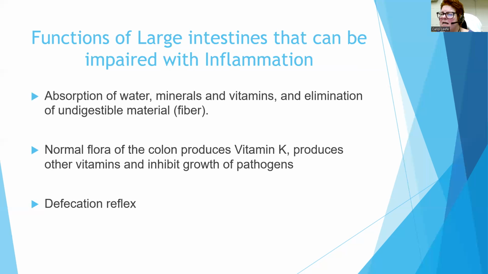And then the elimination of undigestible materials such as fiber, cellulose from vegetables and fruits. Also, normal flora of the colon produces vitamin K, okay? And so what does vitamin K have to do with the body? I'll let you write that down, and we'll go through that when we get to Crohn's and ulcerative colitis.